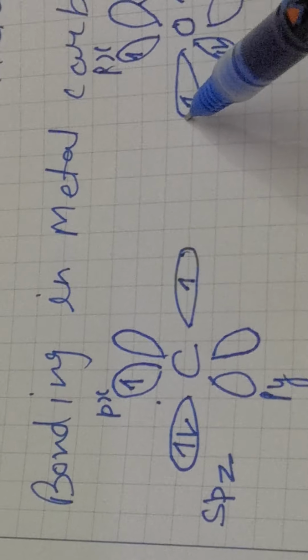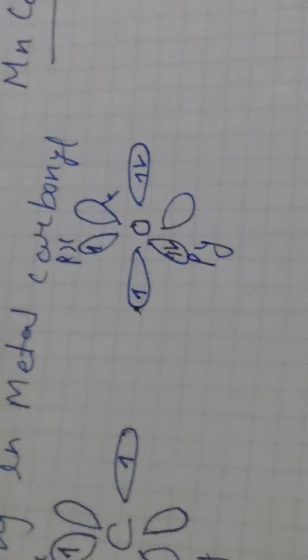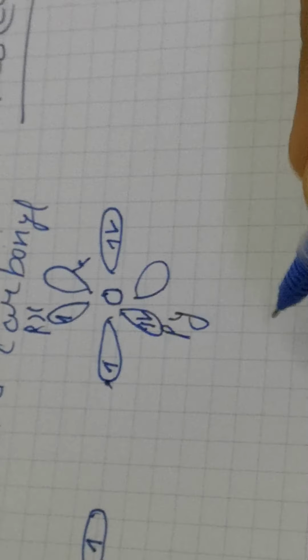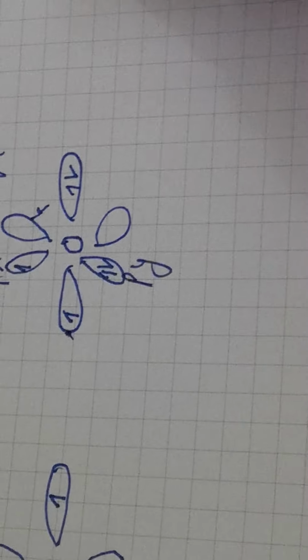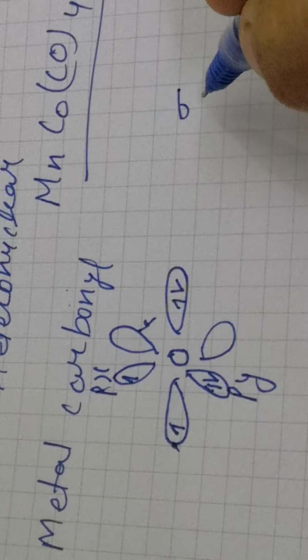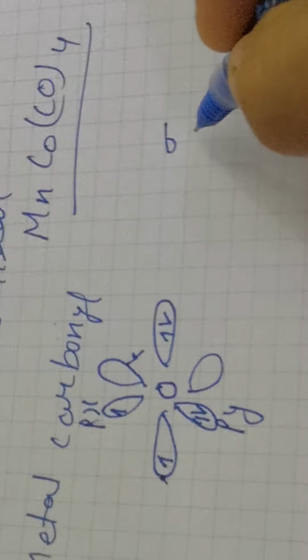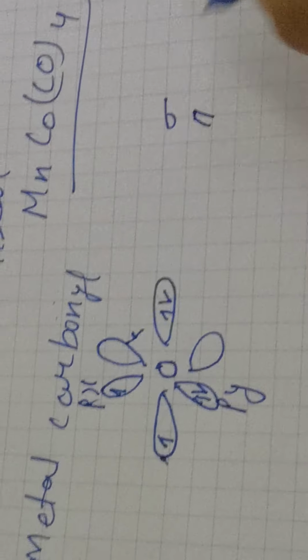These combine together giving a sigma bond, and px and py together give a pi bond.